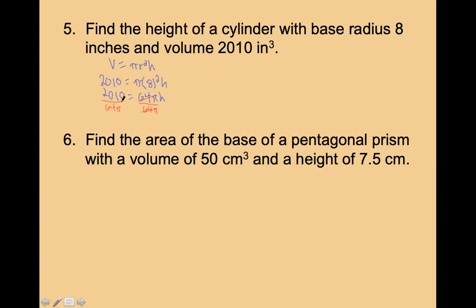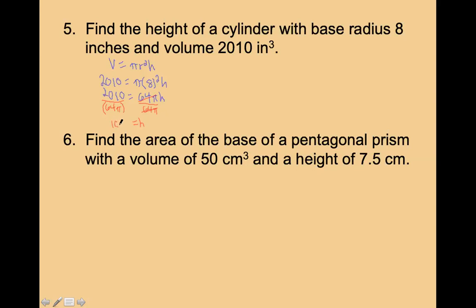Now be careful when you divide this, make sure that if you're entering it all at once on your calculator, that 64 pi is in parentheses. Otherwise your calculator is going to do 2010 divided by 64, but it's going to multiply by pi, and we need it to divide by pi. So when I do that, I get that the height is equal to about 10 inches.